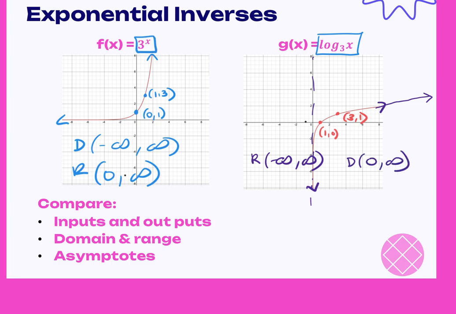So true to form on inverses, our x and y switch, which means our domain and range switch. On the exponential function, you have a horizontal asymptote at y equals 0. And on the log function, we have a vertical asymptote at x equals 0. Because these are inverses of each other, all those behaviors literally switch.